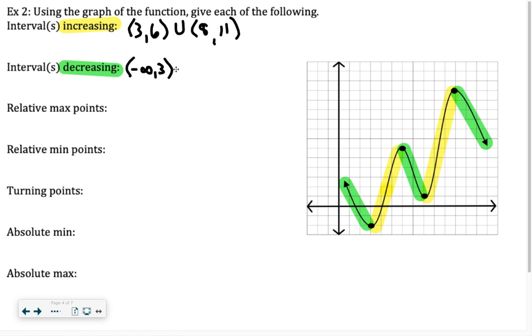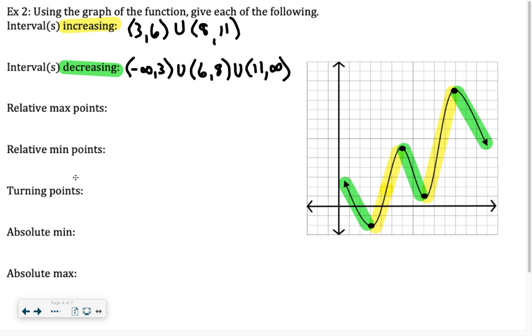Then my second interval would be from 6 to 8. And my third piece would be from 11 to infinity, because this graph is going to continue on forever in that direction. Okay, so these are my intervals of increasing and decreasing.